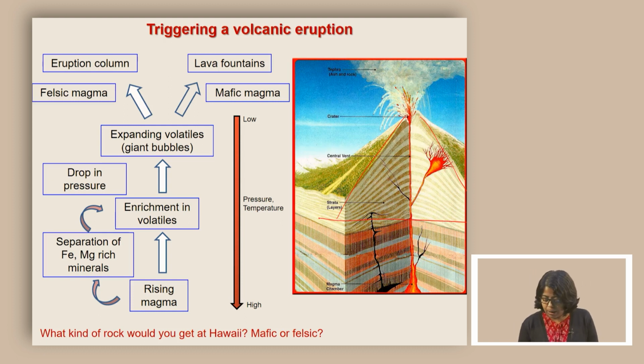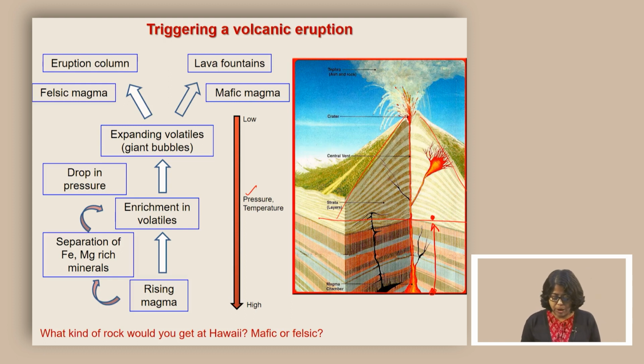Now, when we come from the deeper part to the shallower part, the changes in physical parameters would have these components. One is the pressure. As we are going from this point to this point, the pressure is actually dropping. The second one is the temperature. The temperature is also dropping as we are moving up.